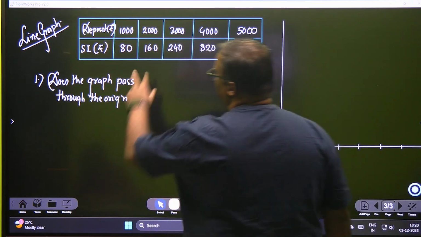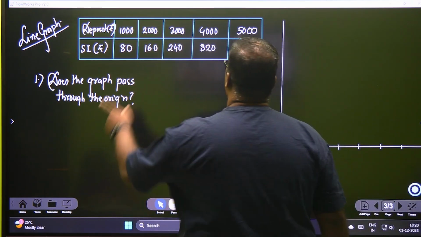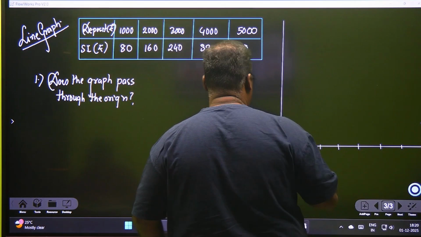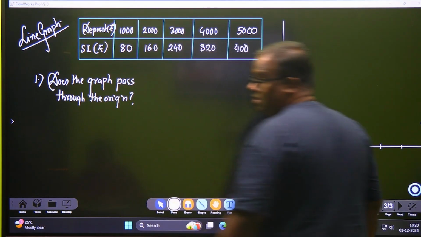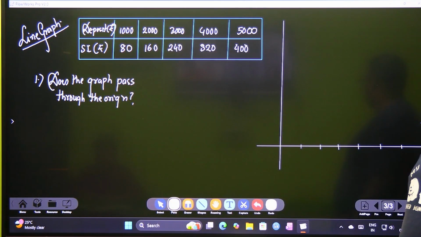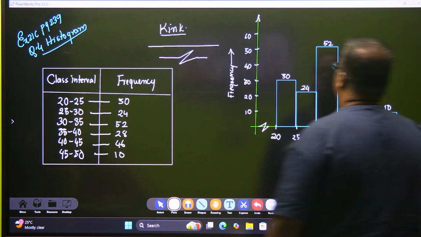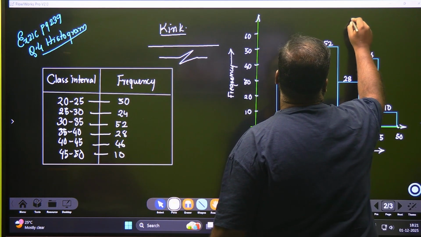So how will you make these? I think the maximum is 400. So how about going by 50s? Yes, 50s. We didn't write the scale. You should mention the scale in the previous problem also. So here you can write your scale.